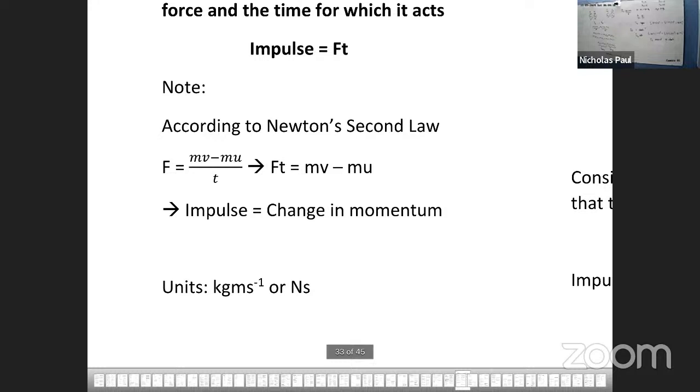Right, why is this impulse quantity so important? Something that we experience on an everyday basis. Once there's a change in momentum, you must have an impulse acting.